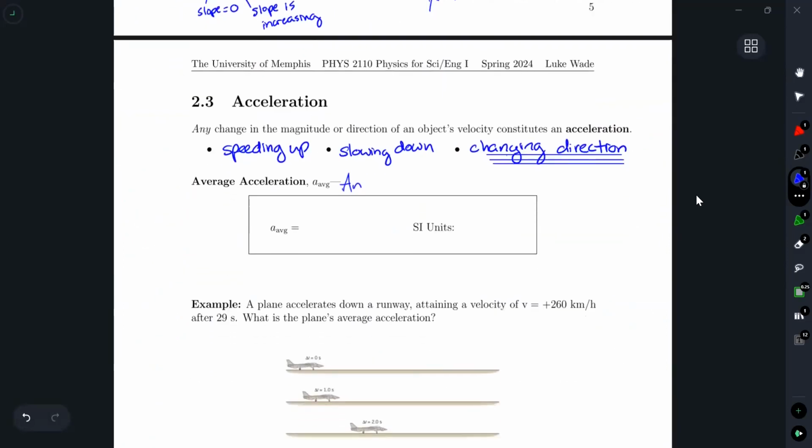Okay. Average acceleration is an object's change in velocity over the time it takes.